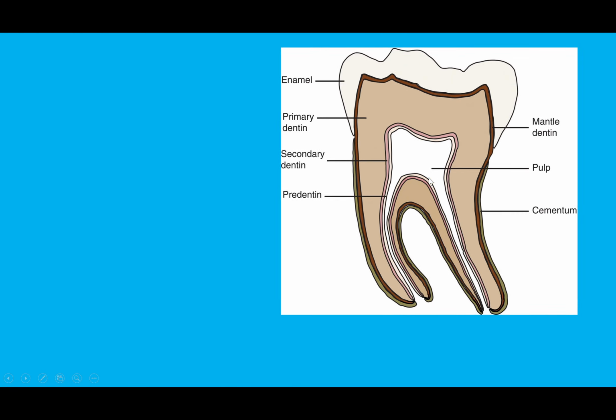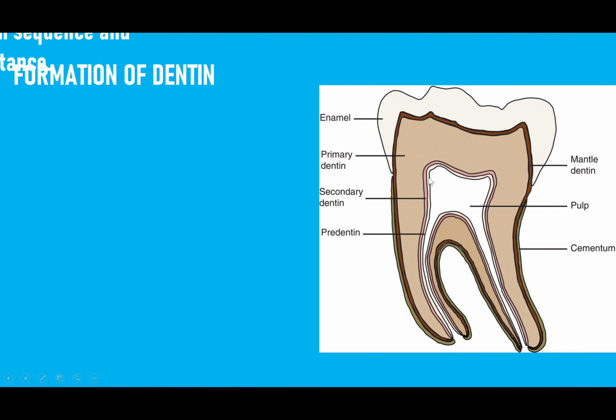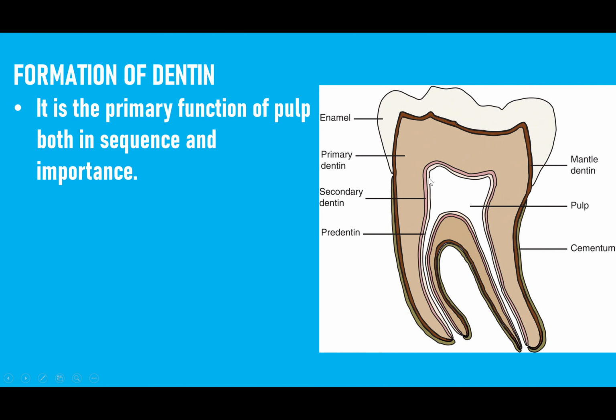Number one function of the pulp is formation of dentine. It is the primary function of pulp both in sequence and importance.